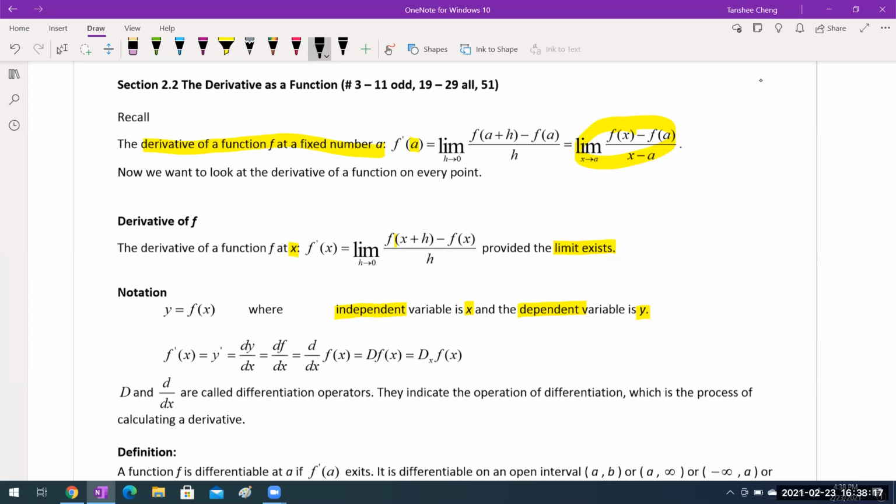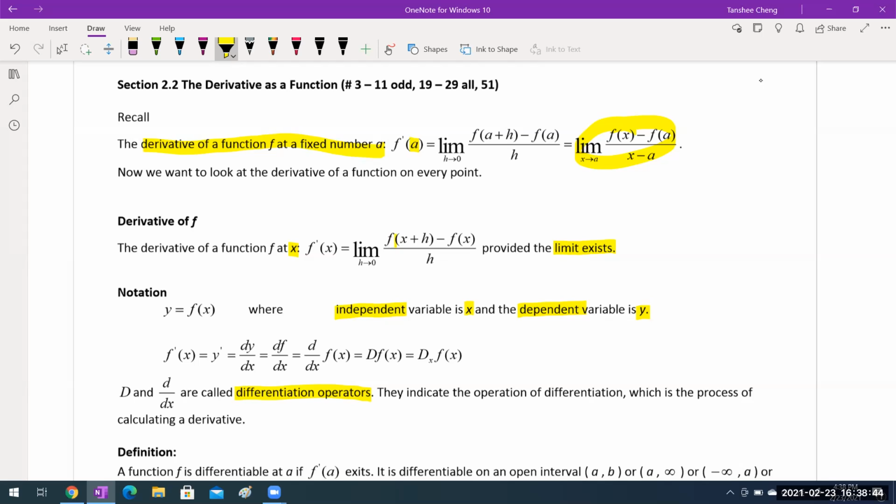Now we know that the derivative is an operation, the differentiation operation. So d dx is the derivative with respect to x, and differentiation is basically the process of calculating derivatives.